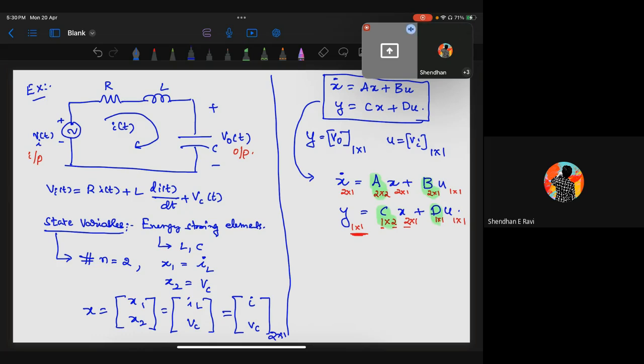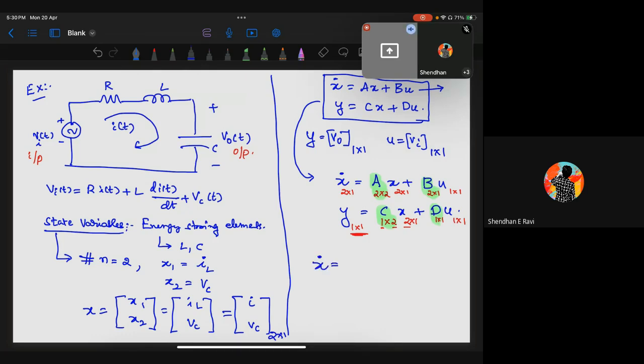Okay, so let's start like this. No doubts, sir. Let's write down this one first. What do we have on the left side? We need to first find the X dot. What is x dot?